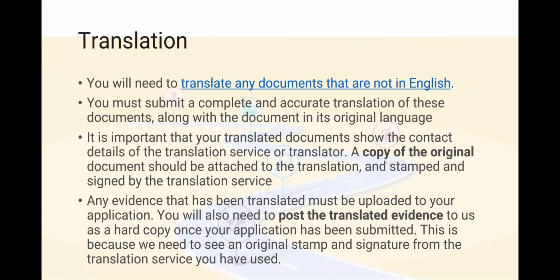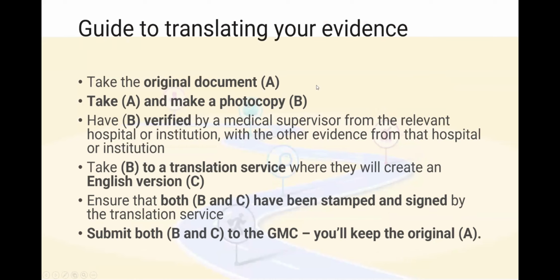Again, this is important, because if these things are missed, it will just delay your application, and one delay means 3 to 6 weeks are gone again. So post the translated evidence. How to get it done?